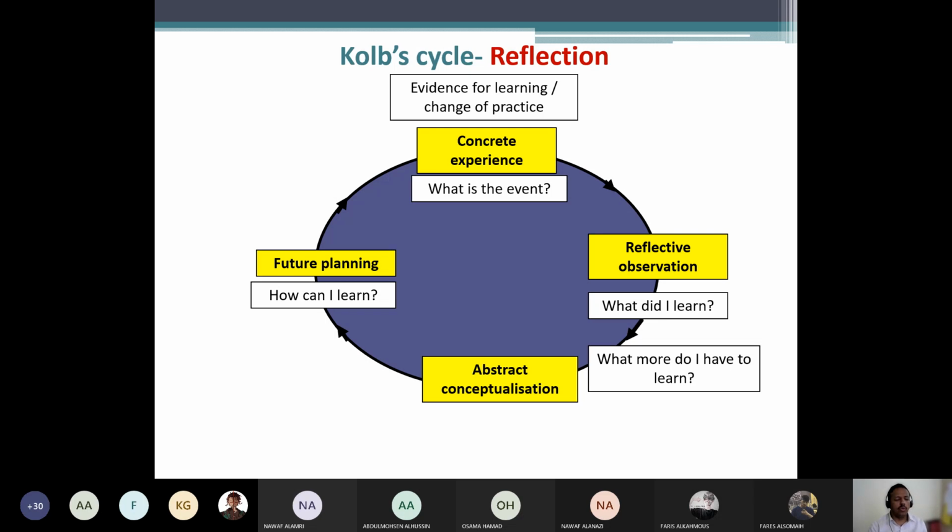And what do you have to learn more? Correct that mistake. And the last one is how you learn. You may be learning by taking some extra coaching or doing some other things. And what is the end result? In the next match, you don't repeat the same mistake. This whole cycle of learning is called Kolb's cycle of reflective learning.